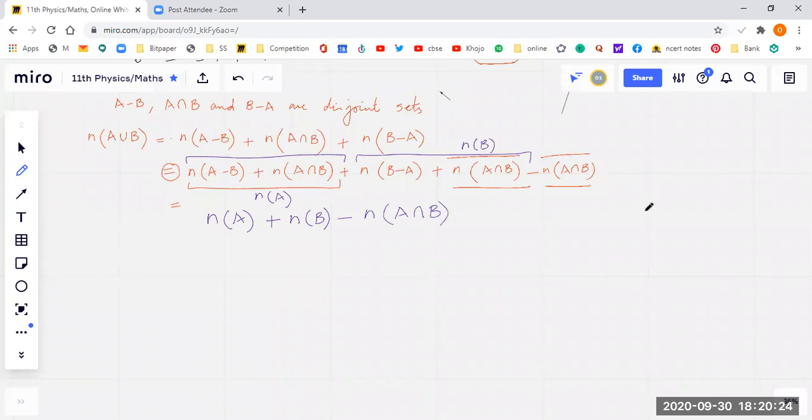This is, again, I have just derived from 3 independent sets, which are disjoint sets, A minus B, A intersection B, and B minus A. All right. Okay.